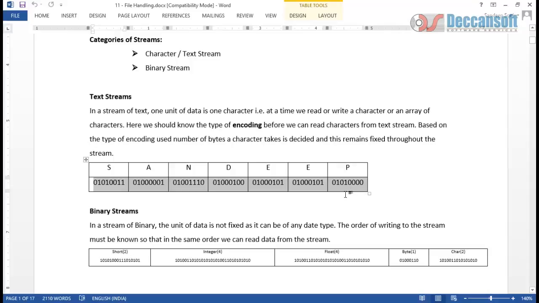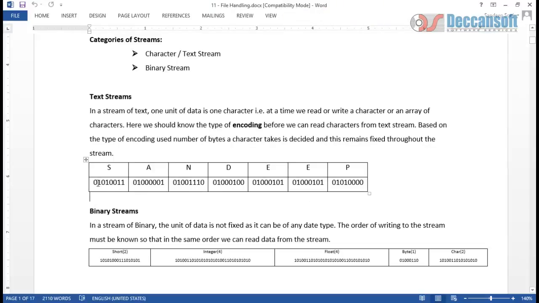Then why are we calling this a text stream? We call this a text stream for the reason that in this file 1 unit of data is always going to be, let us say, 1 byte. 1 byte, 1 character, 1 byte, 1 character, and so on. So the format is text, but in which format is the data?